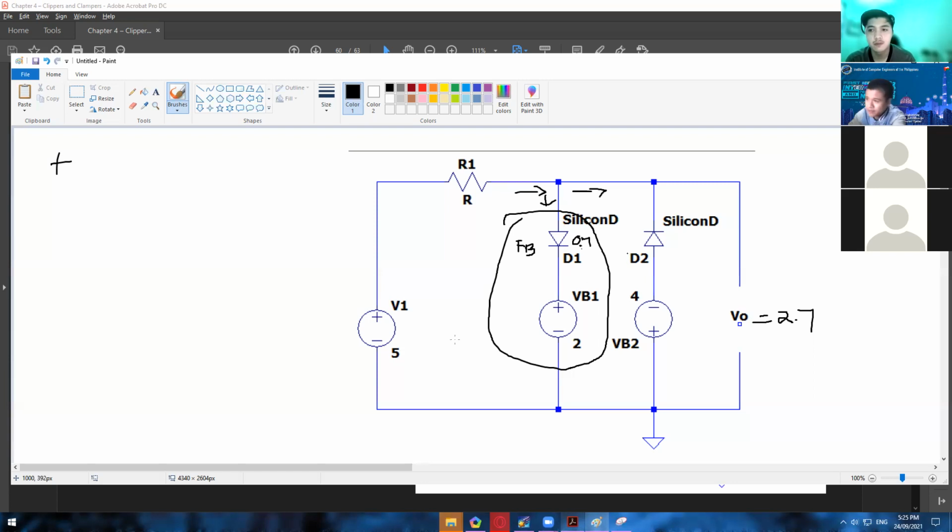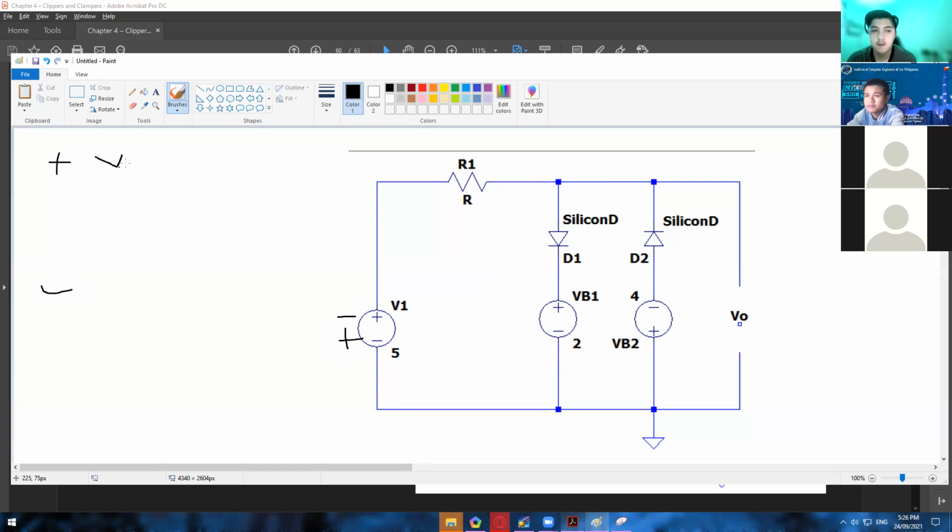Okay, and then vice versa. If this one is negative, negative, and then positive. So on the positive cycle, VO is equal to 2.7. And then during the negative half cycle, VO is equal to, let's see, we have here negative to negative and then positive to positive.